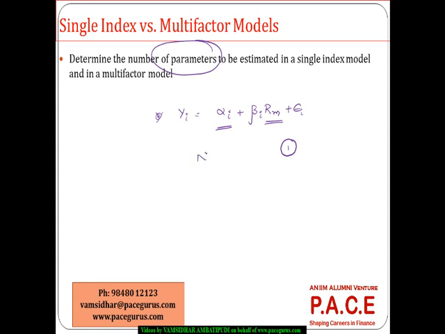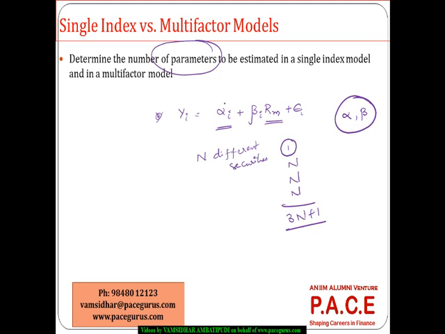So if there are n different securities, I need n different values for alpha, n different values for beta, and n different values of epsilon. So overall I require 3n plus 1 data items in order to estimate the alpha and beta of this single index kind of model.